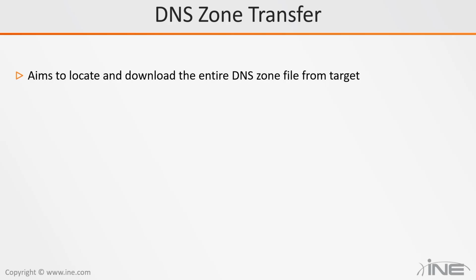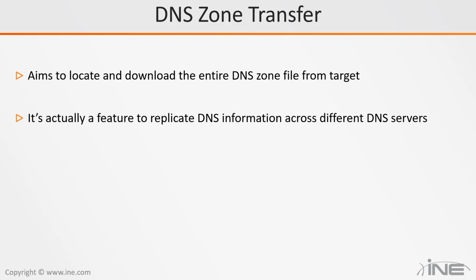Okay, you need to know this. The fact that you can query certain records doesn't mean that you get the full picture of what is configured on a particular DNS zone. In order to get access to that, you will need to A, be an administrator of that particular domain, or B, be able to perform a zone transfer so you can get a full view of what's in there.